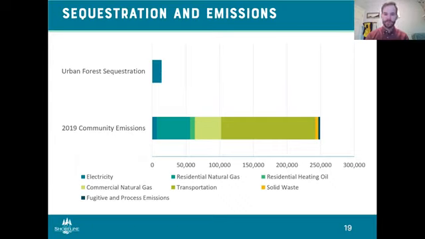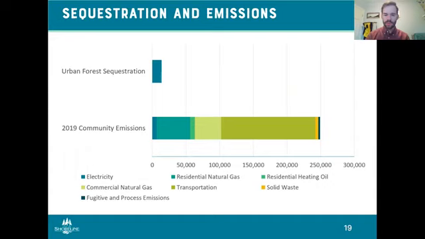These largely come from transportation, so 56% of those emissions. That's that olive green color. And then the second biggest category, lumping a couple of these bands, is natural gas use in buildings. So that's over 30% of Shoreline's emissions. And then you can see in the top graph, our urban forest is capturing about 6% of that impact.